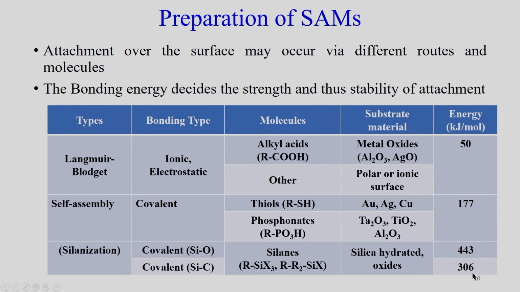So, we can see that if you are going for silanization particularly, then the bonding energy will be the highest, and accordingly the stability of the modification will be improved.